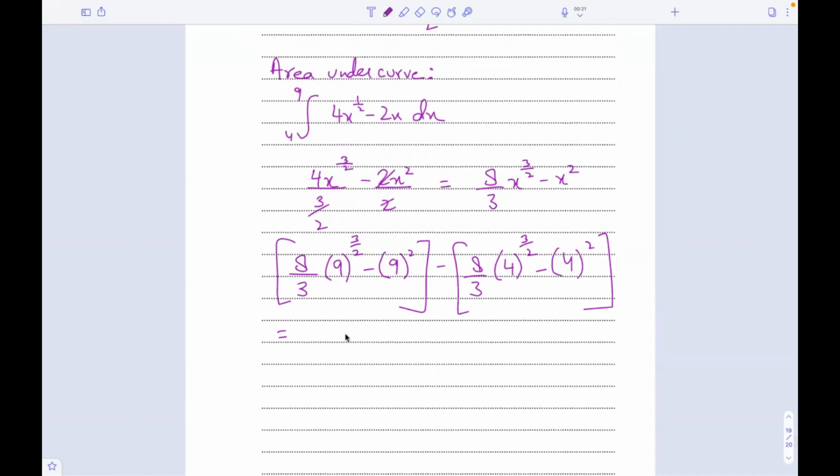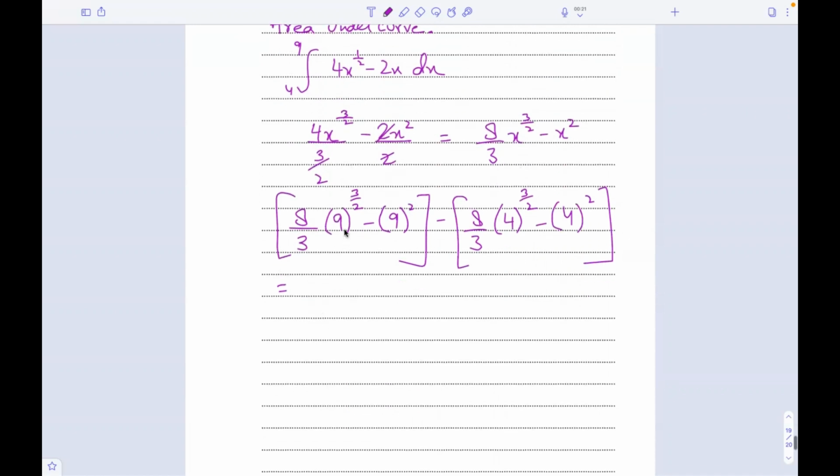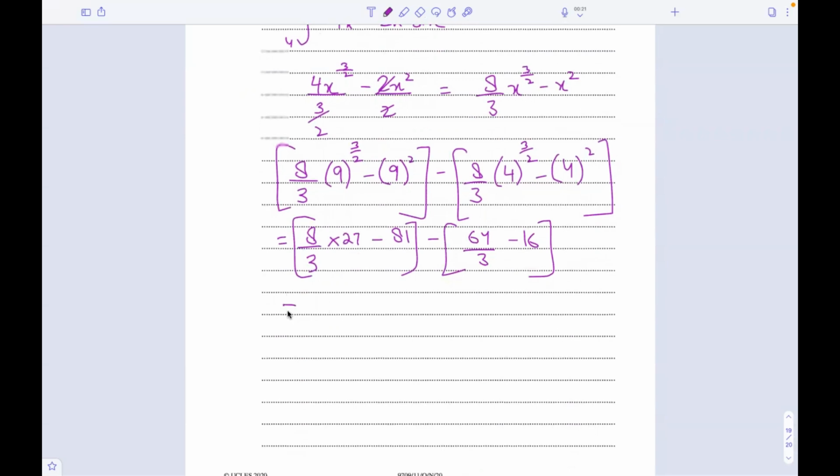So 9 to the power 3/2 would become 27. So this will be 8/3 times 27 minus 81, minus 4 to the power 3/2 would be 8, so we'll get 64/3 minus 16. Simplifying these values, we'll get 43 over 3.